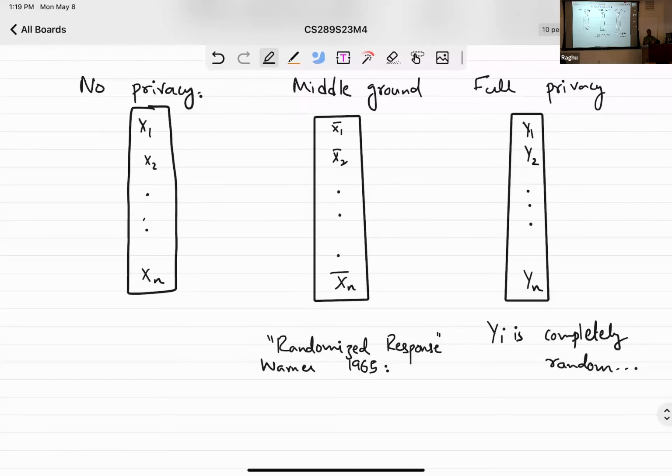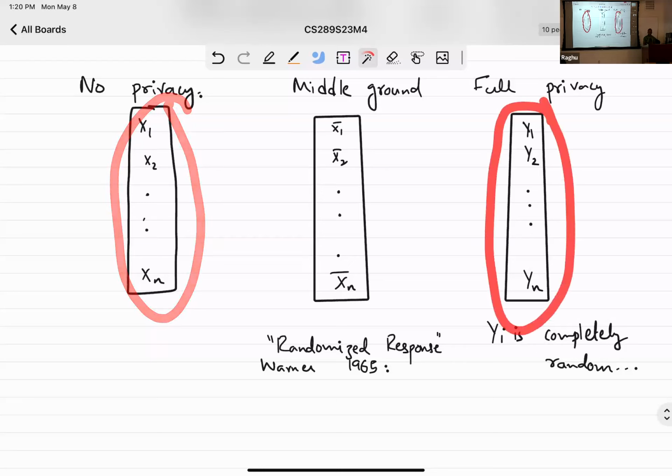I'm going to release something that looks like this. I'm the survey company. I ask each person whether they like this candidate or not. But then with some probability, I'm just going to throw that answer away and output garbage. It's basically interpolating between full, no privacy, and completely random values.